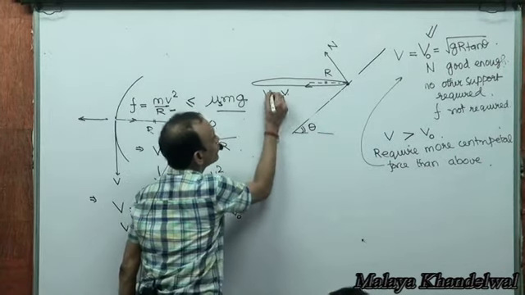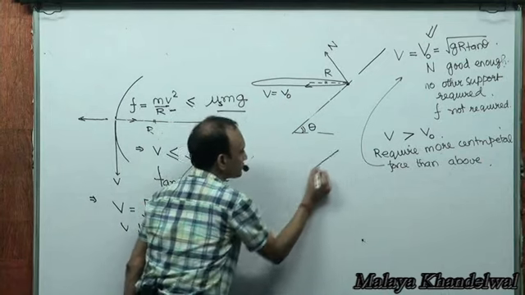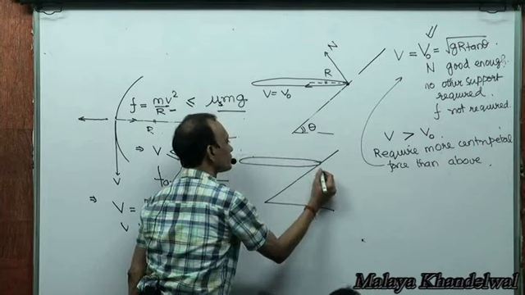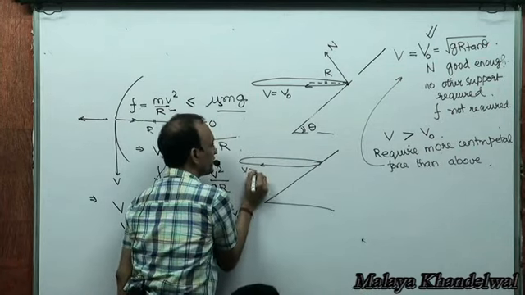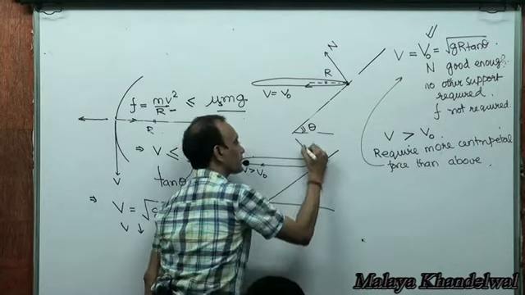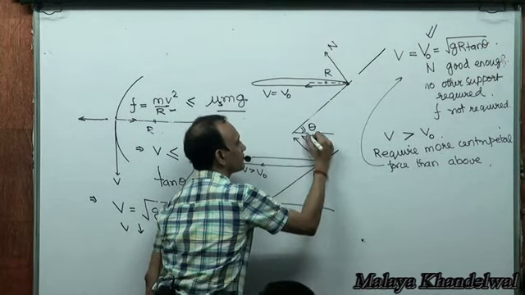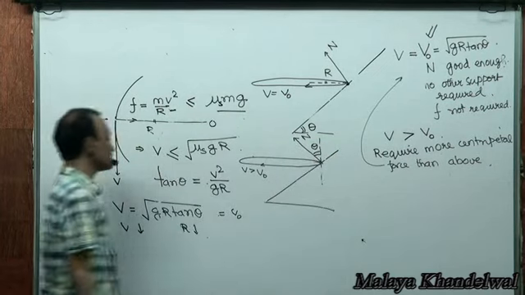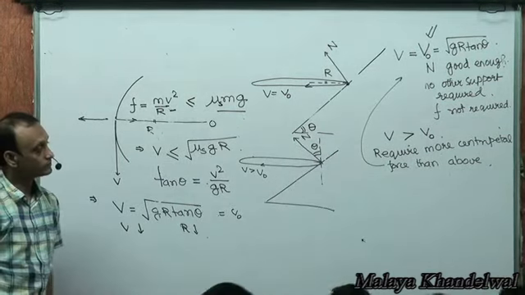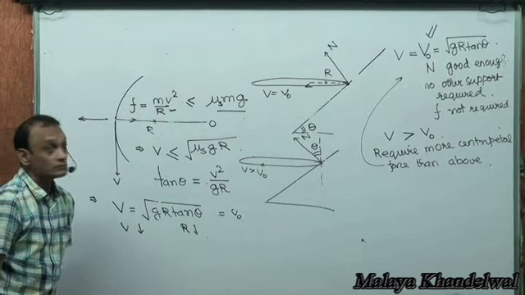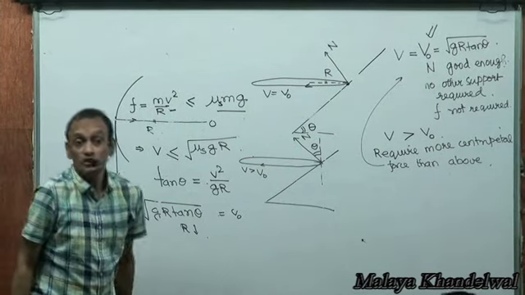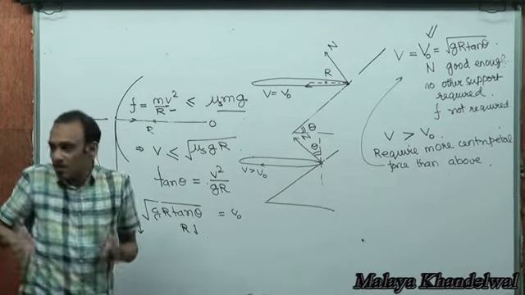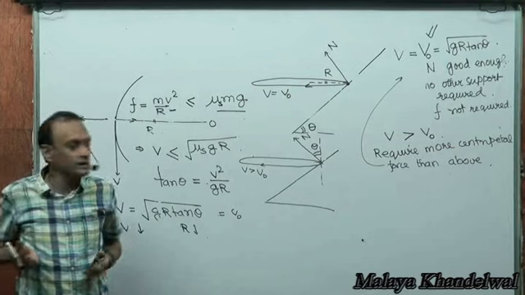This is v equal to v naught, and now I have v greater than v naught. This is my normal reaction N, which makes an angle theta with the vertical. But now you need more centripetal force because the velocity has increased more than root gr tan theta.